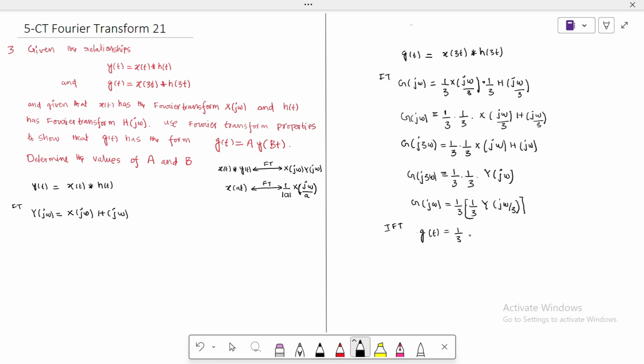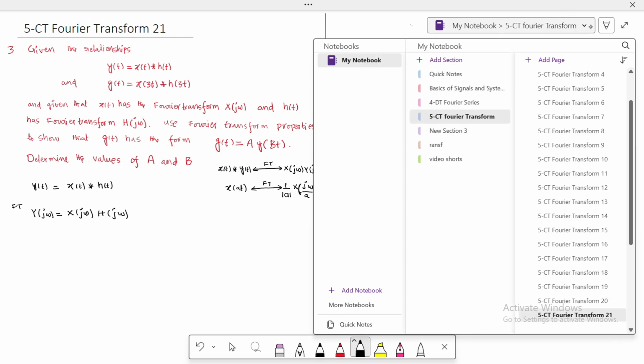So 1 by 3, then y of that equal to 3 into t. So this is the case. Compare this equation: a equal to 1 by 3, b equal to 3. So this is the case. Next problem.